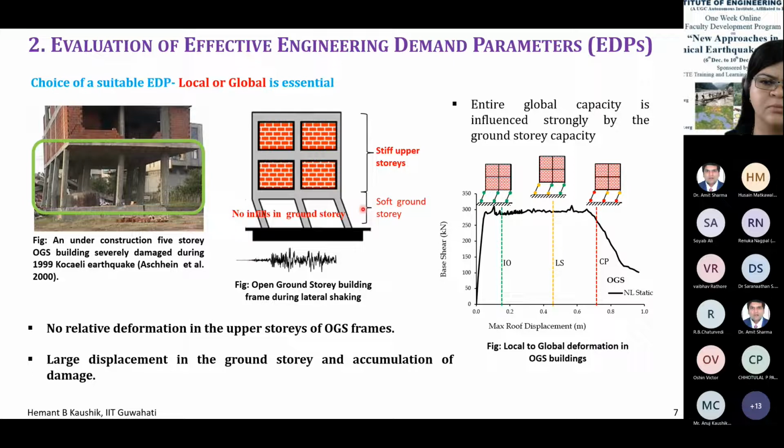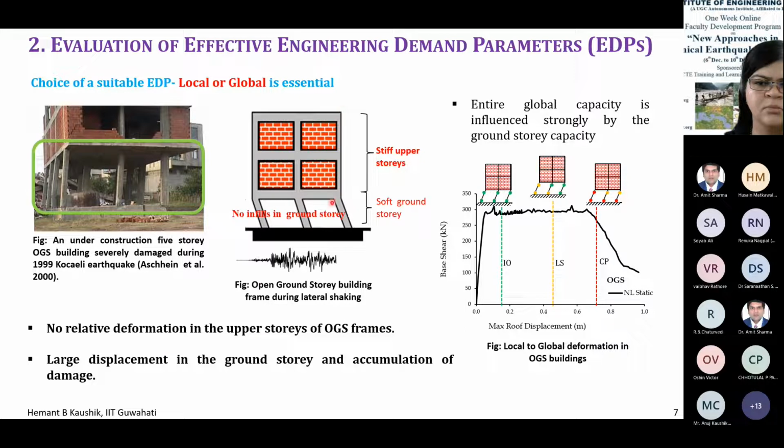And what we see is very interesting: most of the lateral deformations are accumulated in the ground floor during an earthquake, and the upper floors are more or less undamaged and they remain vertical. Okay. So there's no relative deformation in the upper stories of the open ground story frame.